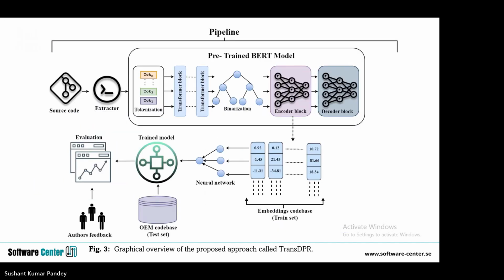Okay, so this is our pipeline for our first study. We feed the programs into the PLM, and we extract the embeddings. These are embedding vectors from the code bases. On top of that, after extracting the embeddings, we make a small train set, feed them into a neural network, and get a trained model.